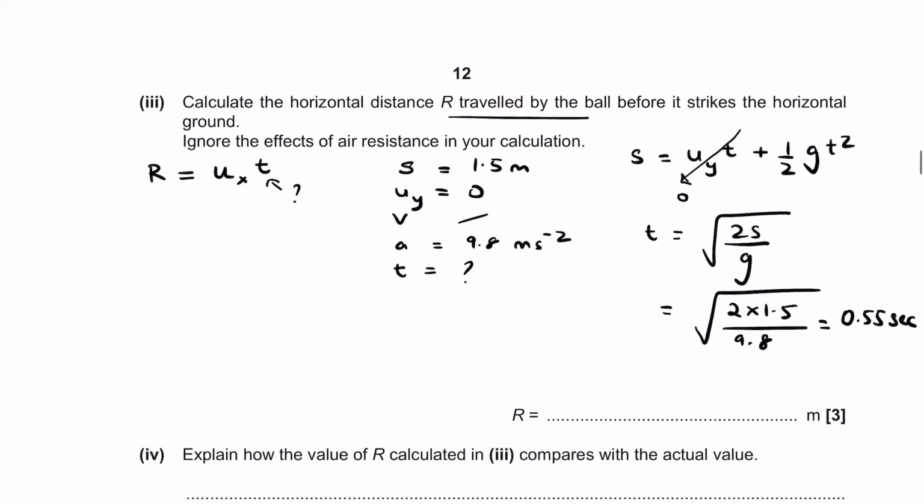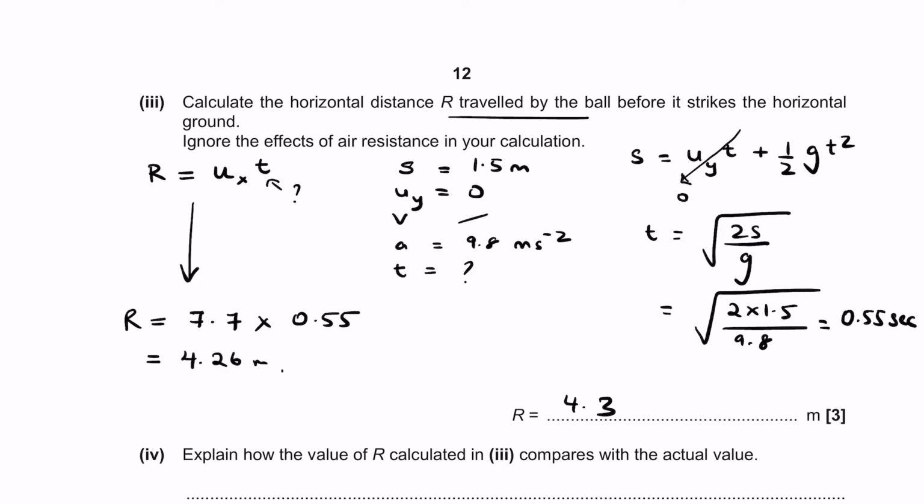Lovely. So now I can simply calculate R, which is the speed of 7.7 meters per second times 0.55 seconds, and that gives me an answer of 4.26, or simply 4.3 meters.